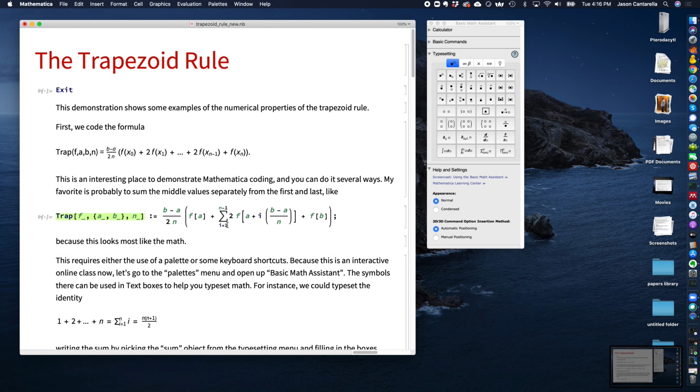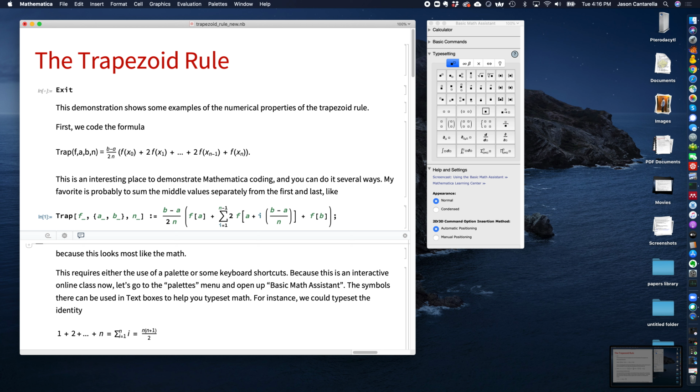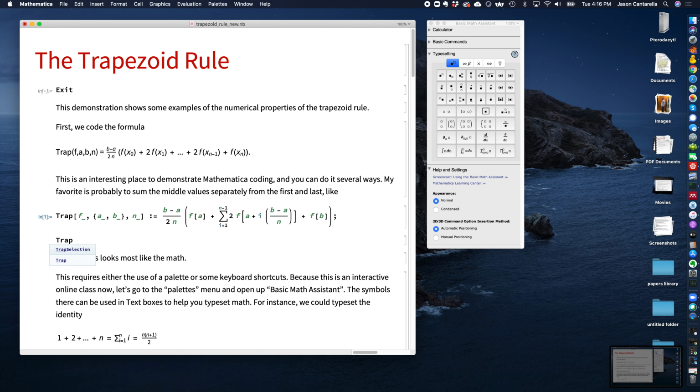Now you can write that almost exactly like it looks in Mathematica. And this is actually code. This isn't just typesetting. So if I hit Shift Enter, it evaluates it, starts up the kernel, and if I want to try it out, I can use a function like x squared, which we can write as a pure function, as pound sign, that's the variable squared.